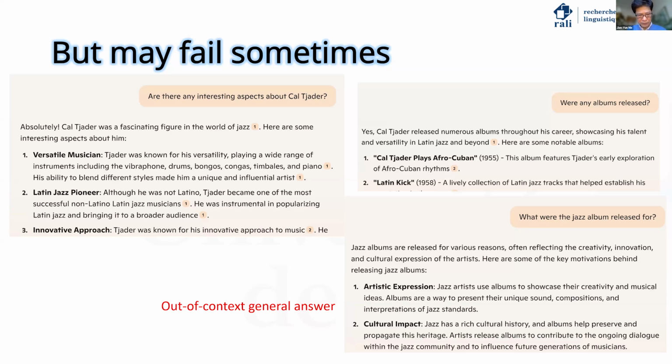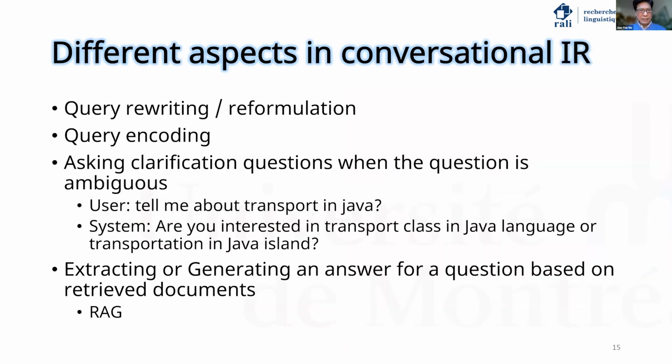So we want to solve this kind of problem in research. So let me just mention a few aspects of conversational IR. Conversational IR can deal with query rewriting or query reformulation, as the example shows.